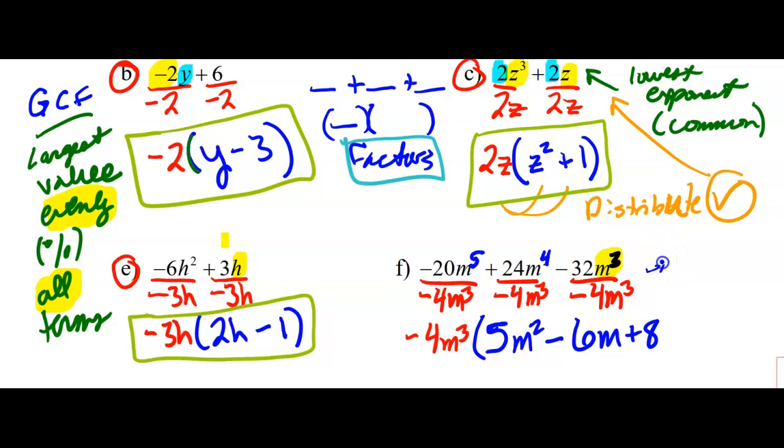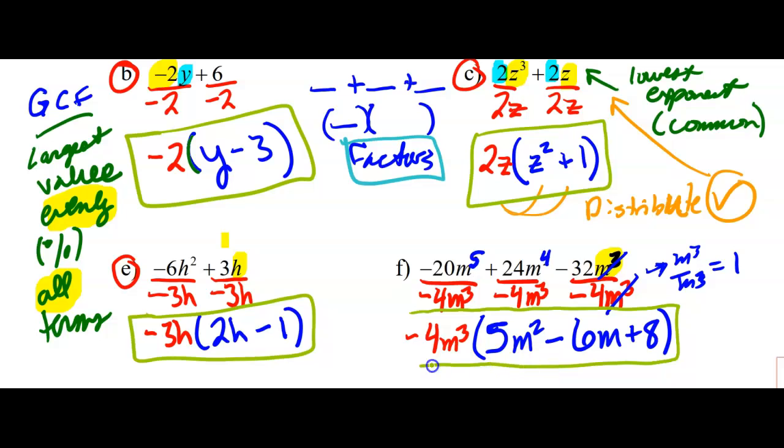And then I have m cubed over m cubed, which is 1, so this variable divided out entirely. On my answer, I'm just going to have 8 for my last term. This is what should happen: one of your variables should always divide out entirely if you have a variable to divide out. And that is how you do a GCF.